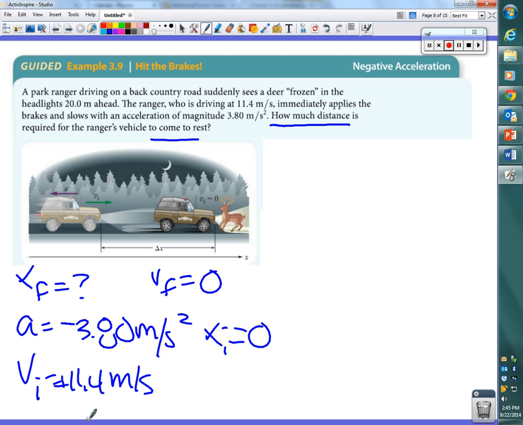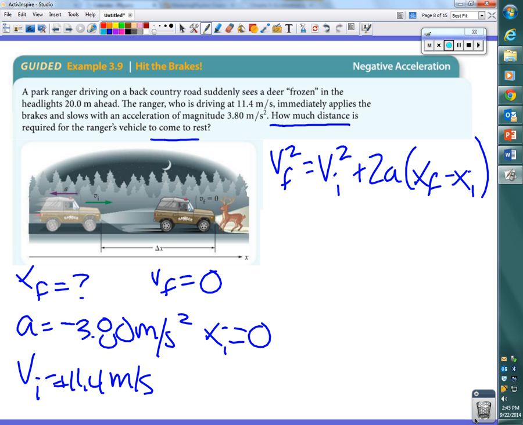All right, so we just learned VF squared equals VI squared plus 2A x final minus x initial. Again, based on the values that we've picked or what they've given to us, a couple of things can go away in this equation, right?